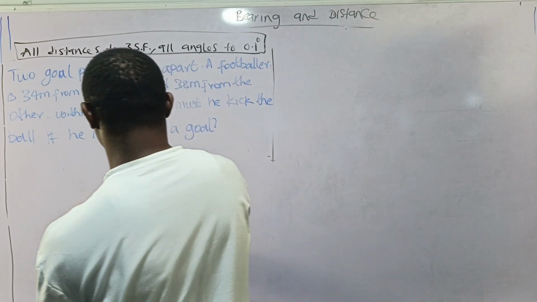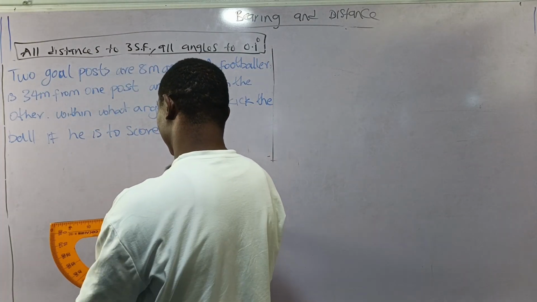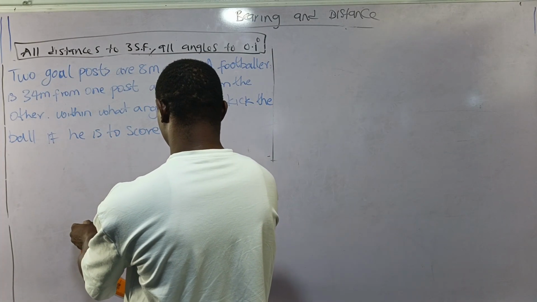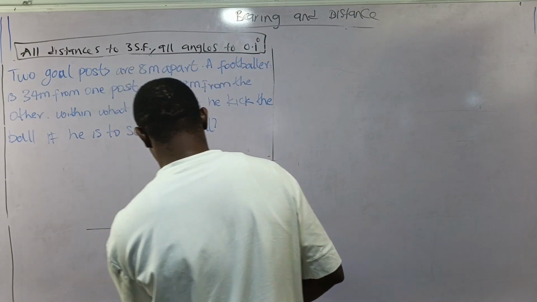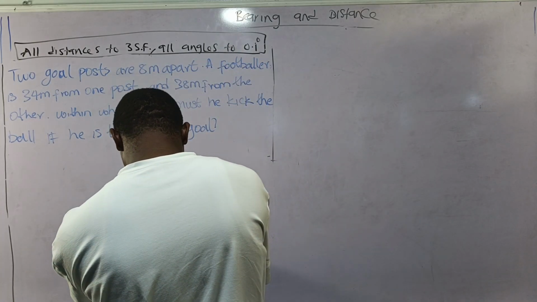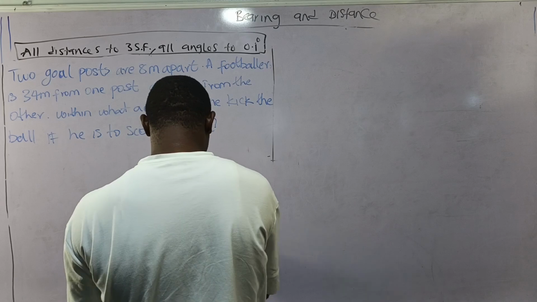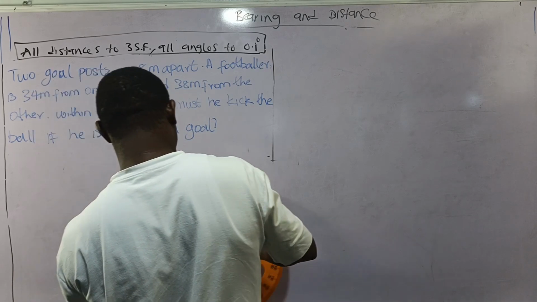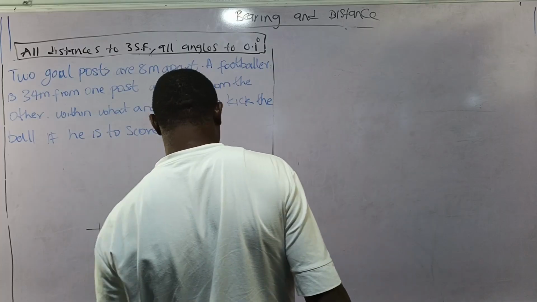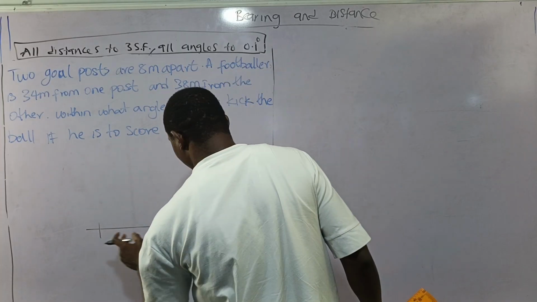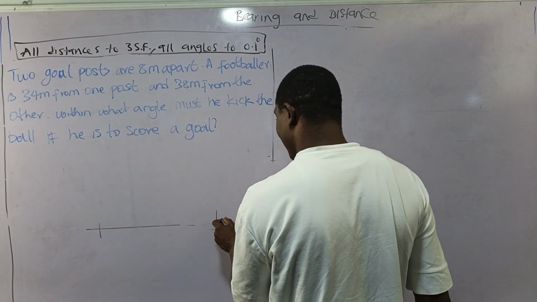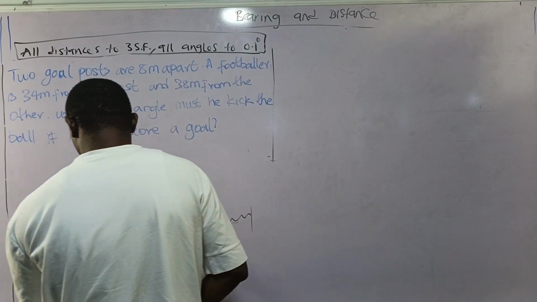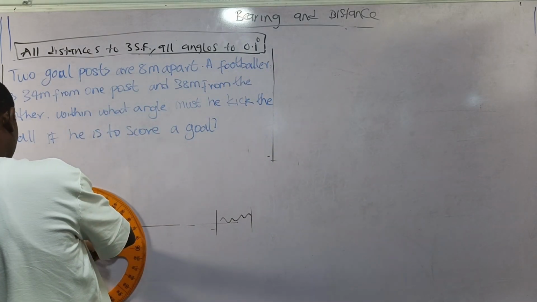So let's start. Let's assume this is the distance between the 2 posts. If this is the actual distance between the 2 posts, then here can be post 1 and here therefore can be post 2.